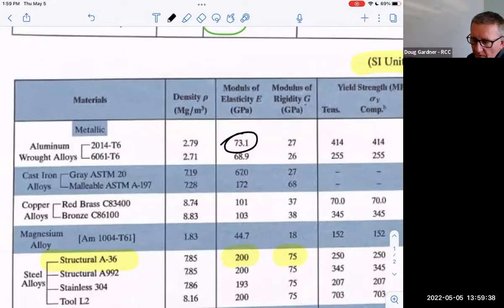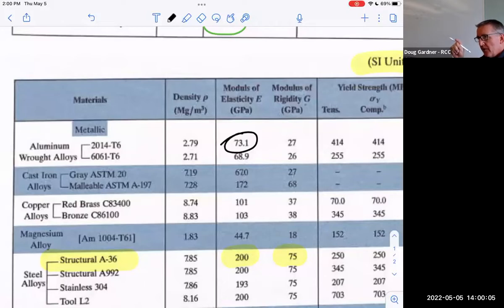So 73.1 gigapascal. What's the unit for that? Because remember, pascals are not going to help us here for units to all cancel. What the heck was a pascal? Newtons per square meter. If you need to get it back, think of PSI.